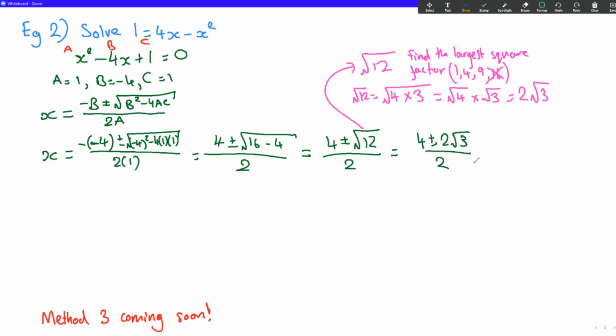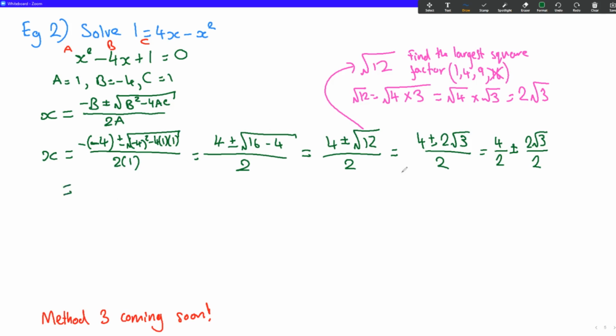And now we can divide all the terms by 2. In fact, we can just split the fraction first, if that makes it easier. Remember, even though it's a plus or minus, we can still split it.